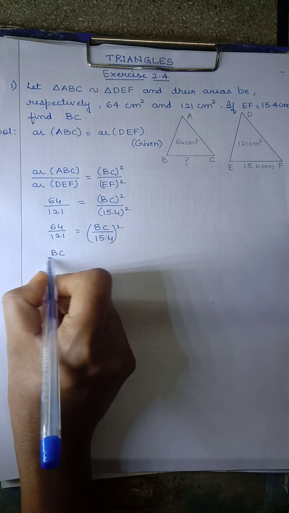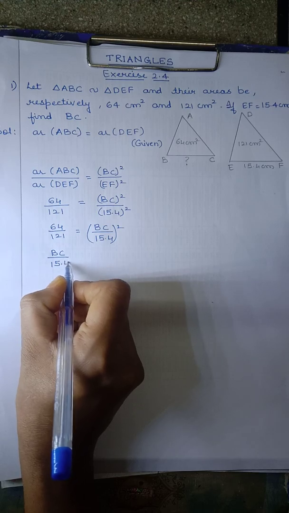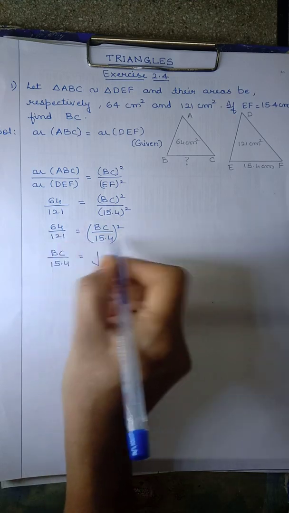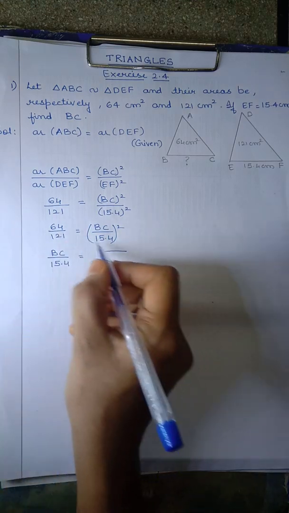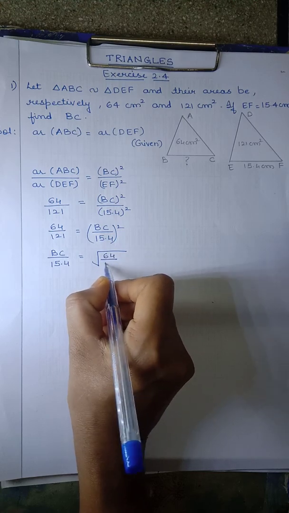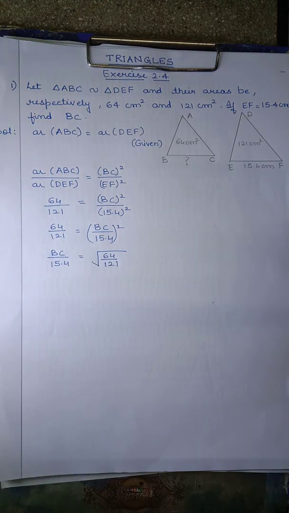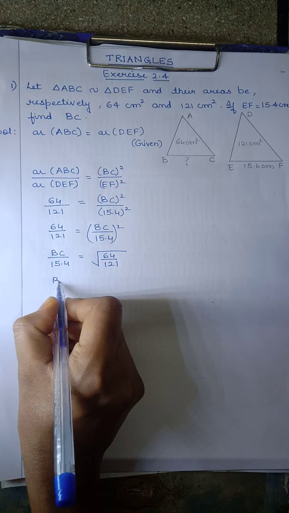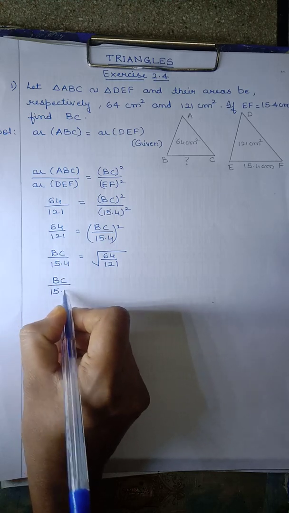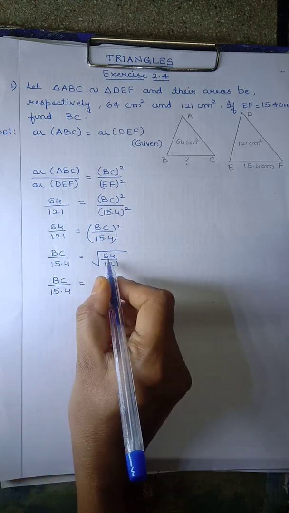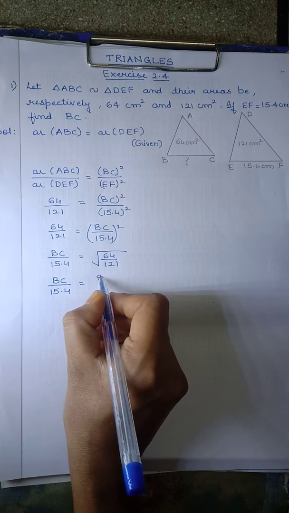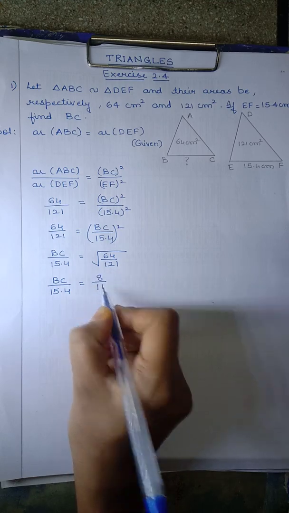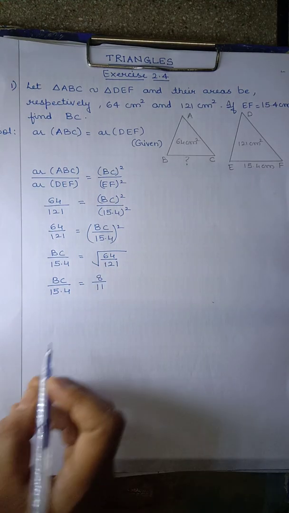Okay, so BC upon 15.4 will be equal to, I have interchanged here, LHS and RHS, square root of 64 by 121. Okay, children. So BC upon 15.4 is equal to the square root of 64 is 8, 8 eights are 64, and the square root of 121 is 11, 11 elevens are 121. So it is 8 by 11.